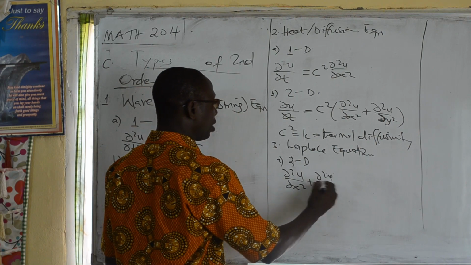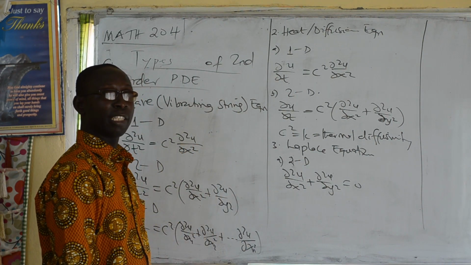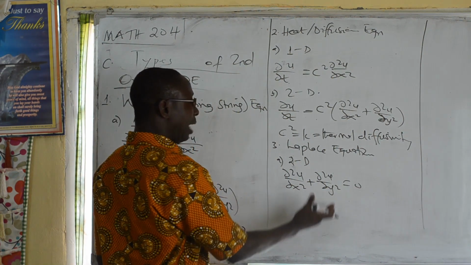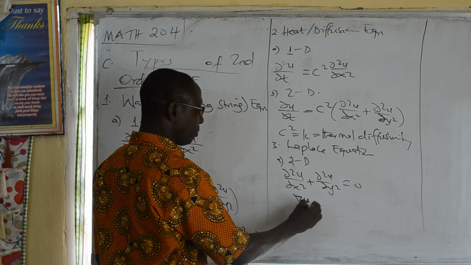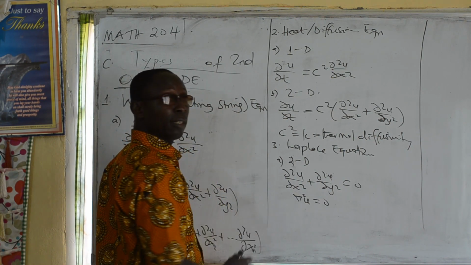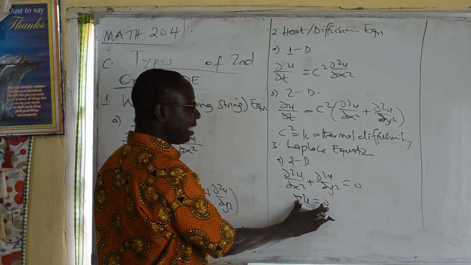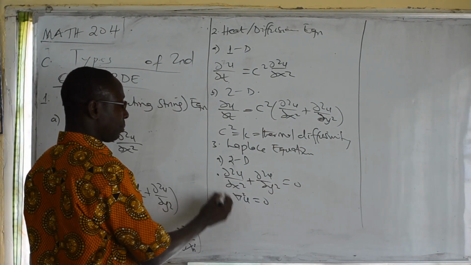So Laplace equation here is 0. Okay. You may have read this in engineering maths 1, where I used to call this Laplacian. Laplacian is equal to 0, or the Hamiltonian. This is Laplacian, and this is normally called the Hamiltonian. Okay, they are the same.